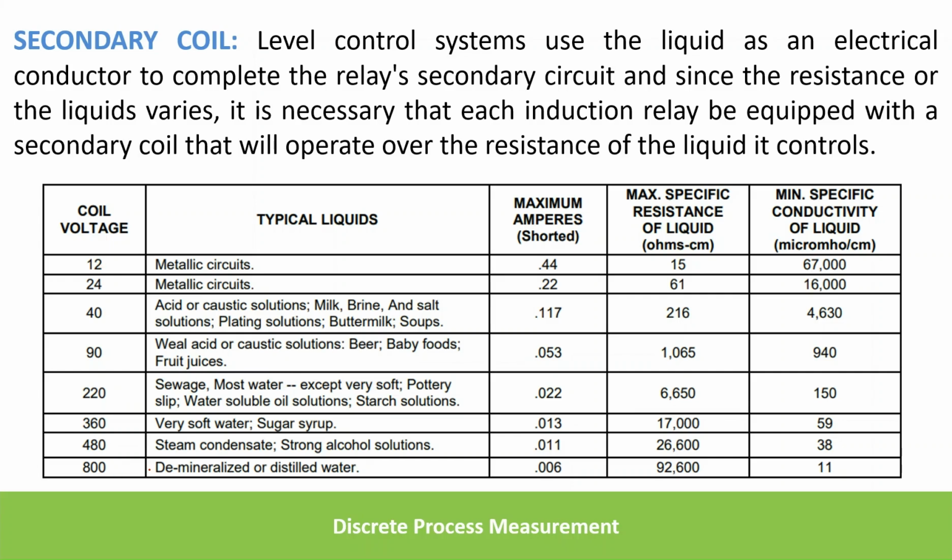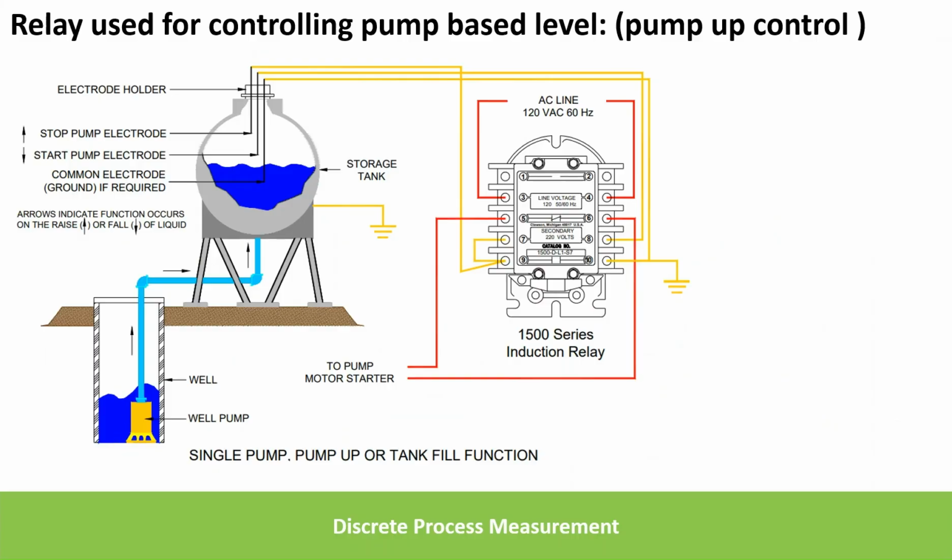And if you are using it for DM water or distilled water, you can select a higher coil voltage because it uses more secondary turns. This is one application that I will discuss here, which is used for pump up control.